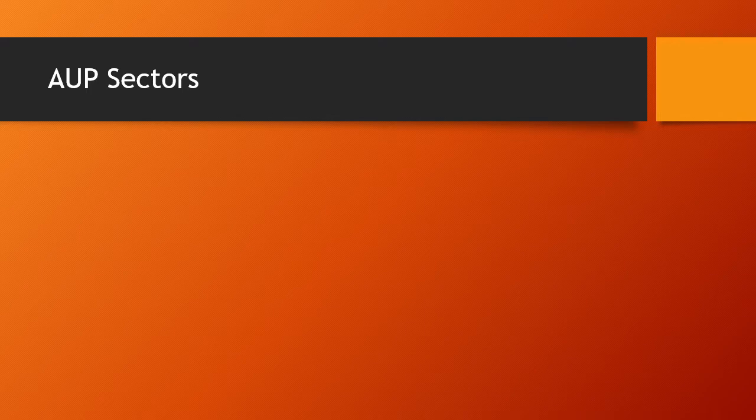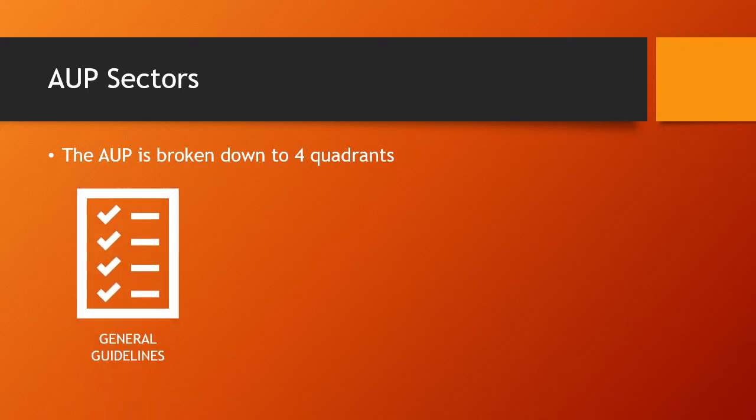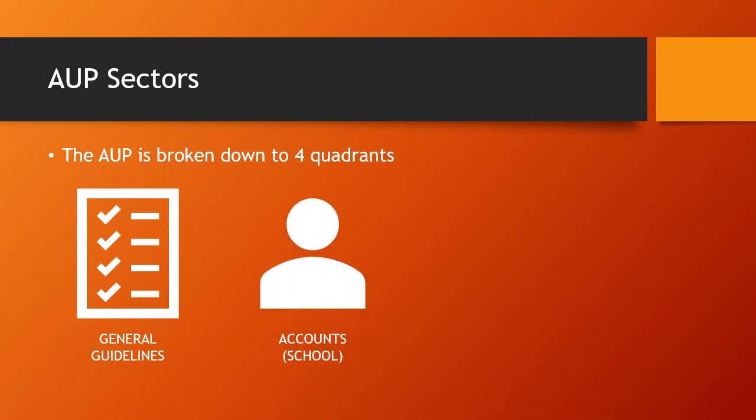So now let's take a look at the AUP sectors. The AUP, or the Acceptable Use Policy, is broken down into 4 quadrants, which all of you should know and take note of. The first quadrant relates to the general guidelines of the AUP. The second quadrant talks about the accounts, and especially all your school accounts for every student.